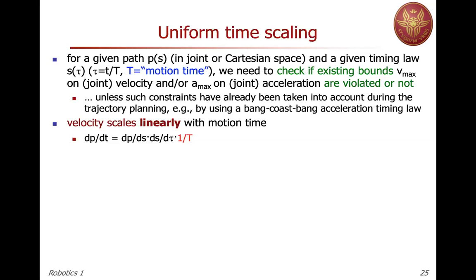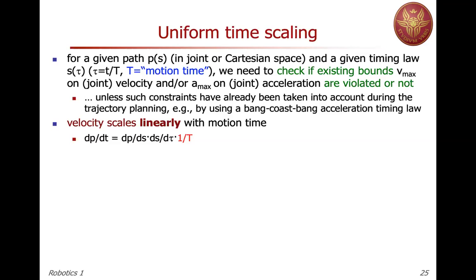There are properties connected to the kinematics, and we will see that a similar property will hold also when we're dealing with dynamic models, so considering inertia, gravity, centrifugal and Coriolis phenomena, inertia of the link, and so on. So this property says that if we scale uniformly, so we just stretch or compress the total time, then we will have a linear scaling of the velocity.